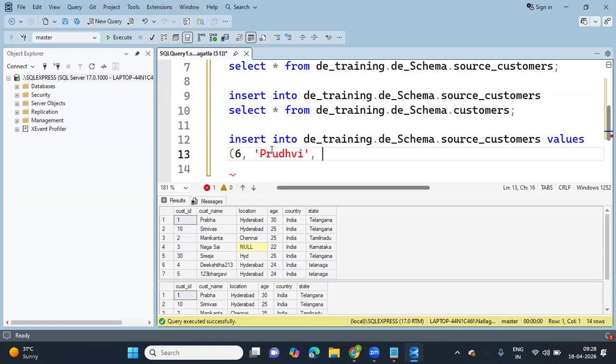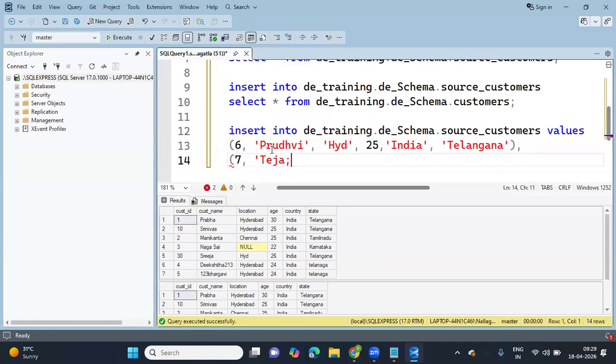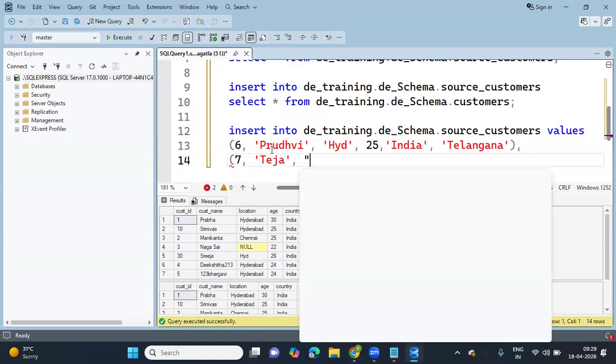Okay, customer ID 6, location, age, country, state. I'll insert one more row, 7.